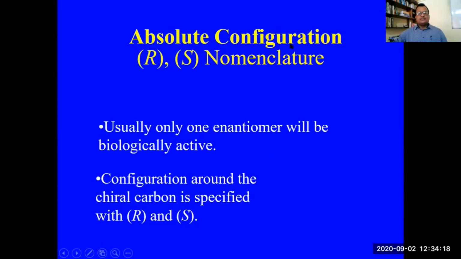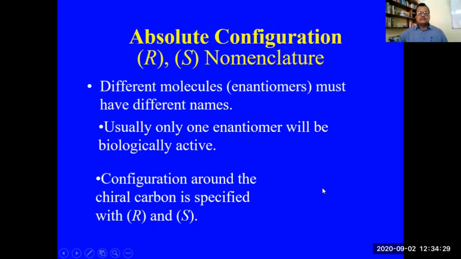So here, absolute configuration, RS nomenclature: usually only one enantiomer will be biologically active, and the configuration around the chiral carbon is specified with R and S. And different molecules must have different names. So we have already seen that plus and minus represent an experimental property, the direction in which plane polarized light gets rotated.